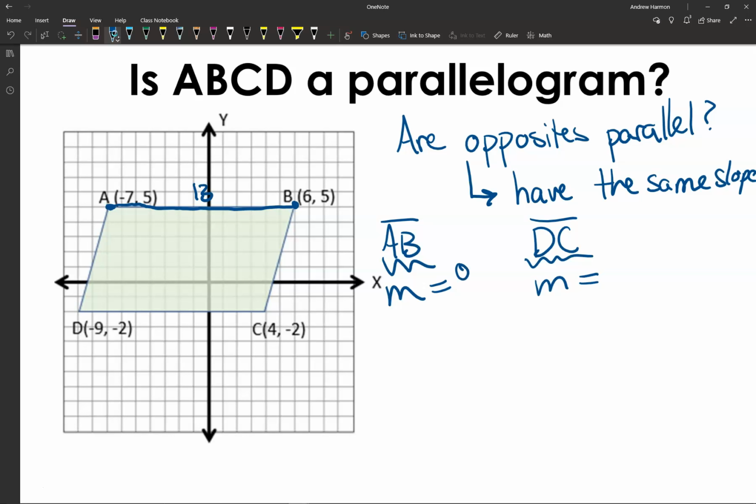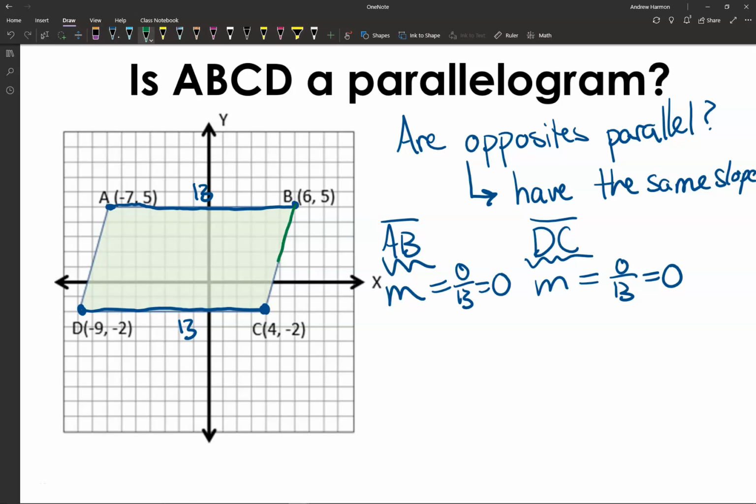So if I have no rise and I run 13, my slope is 0. Do the same for DC. There is no rise and its run is 13 as well. So the slope of DC is 0 over 13, or just 0. Now, both pairs of sides have to be parallel. So we checked one pair, let's check the second pair here.